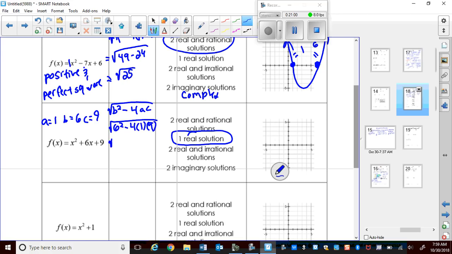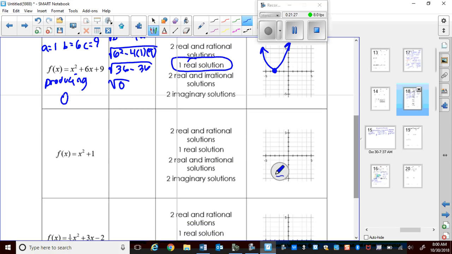And I get the square root of 36 minus 36, or the square root of 0. So producing 0 produces one real solution, and this solution just happens to be at -3. And that means the curve hits the x-axis at one point only.